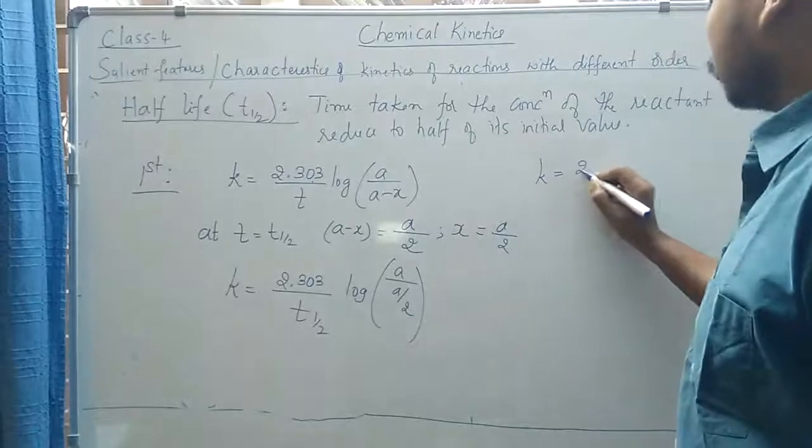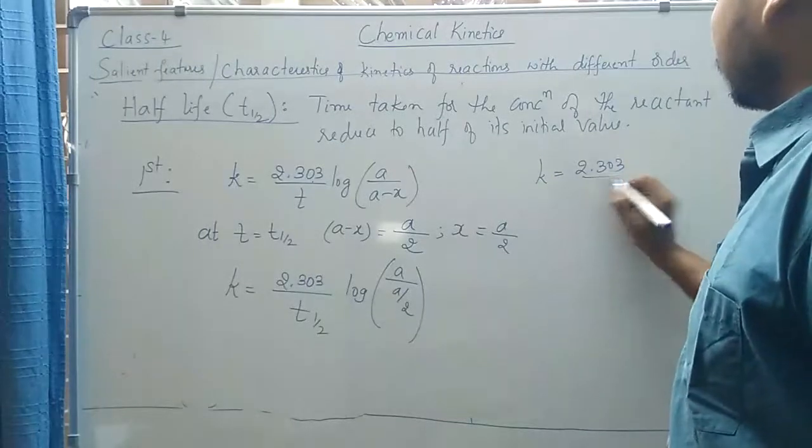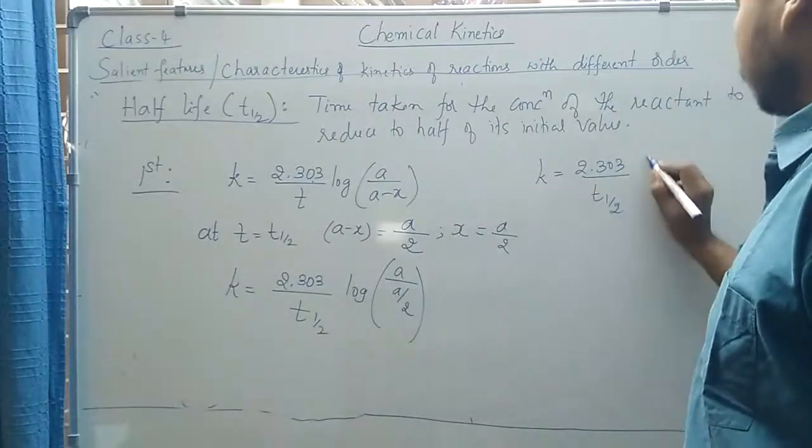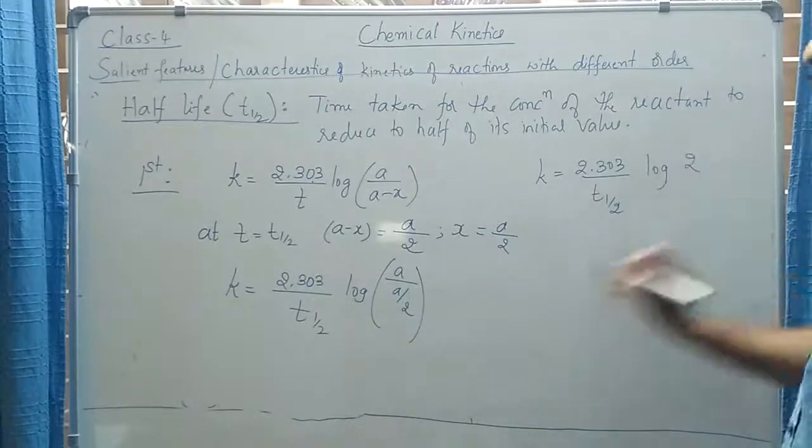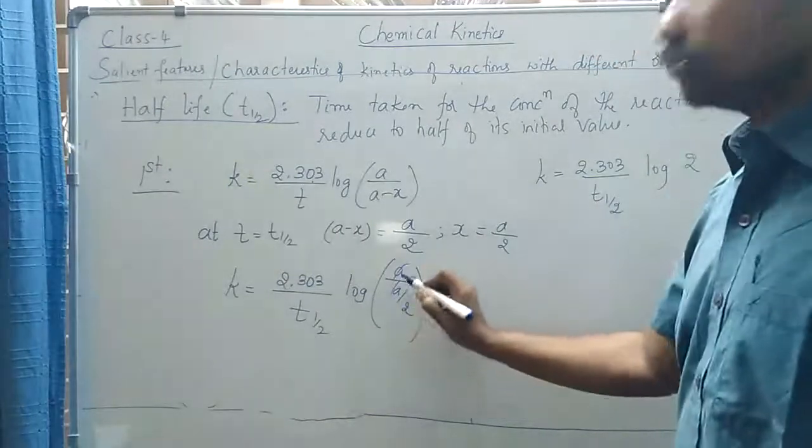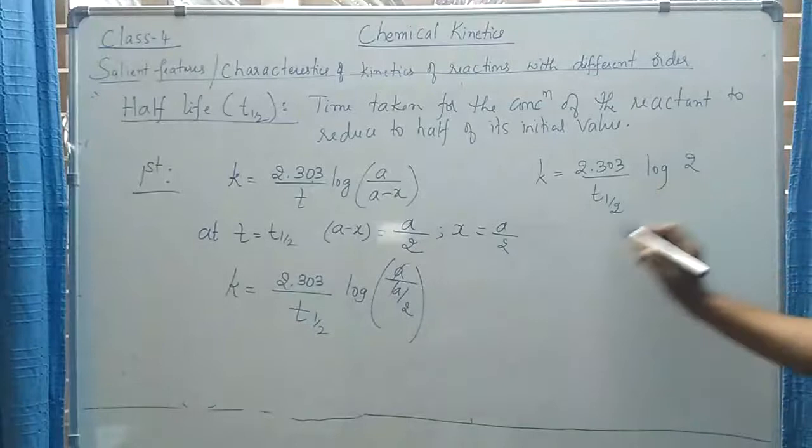Okay, that is K is equal to 2.303 divided by T half into log 2, because A gets cancelled, and this 1 by 1 by 2 is log 2.